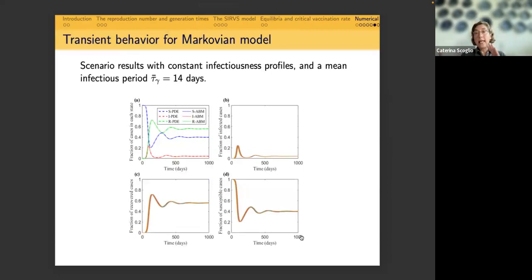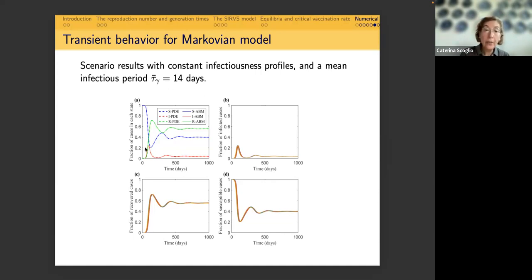Okay, so let's see instead the other interesting aspect, which is the transient behavior. So we have here the case of the transient behavior for the epidemic in time, where we report the fraction of infected cases, fraction of recovered cases, fraction of susceptible cases in time through the ABM model.